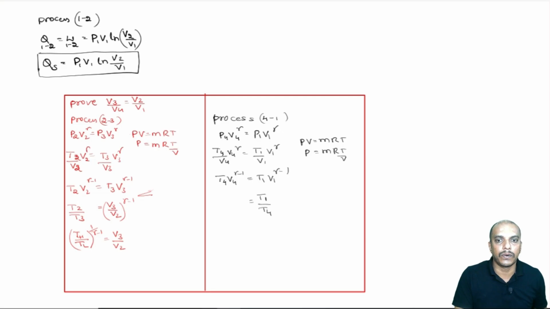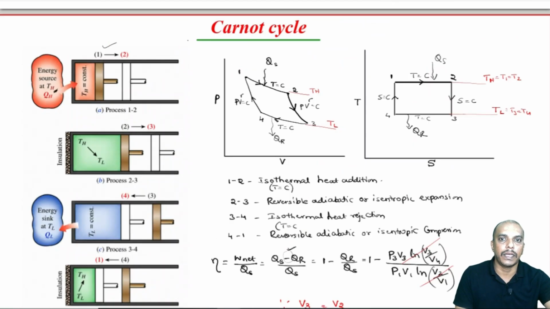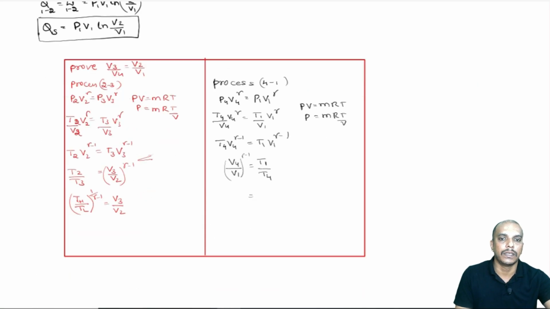So T1 by T4 is equal to V4 by V1, whole power gamma minus 1. Or we can say this T1 is nothing but TH, right? So T1 is TH and this is TL, and this is V4 by V1. This I can send here, 1 by gamma minus 1.